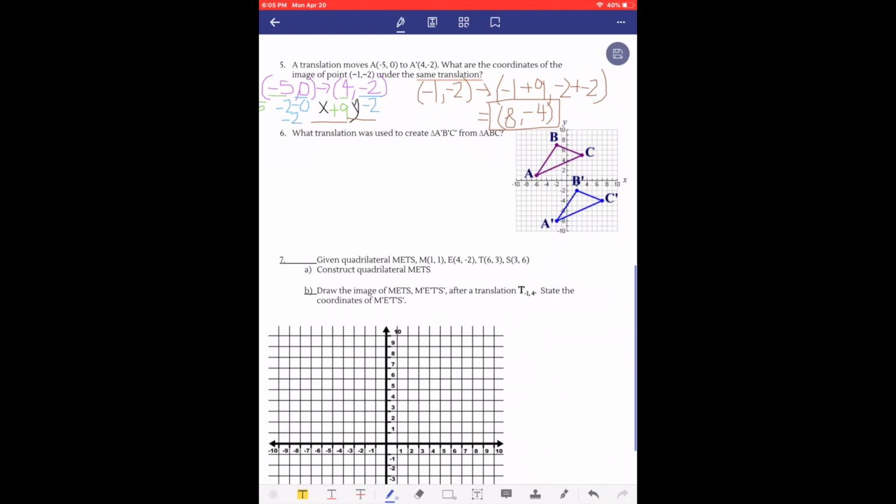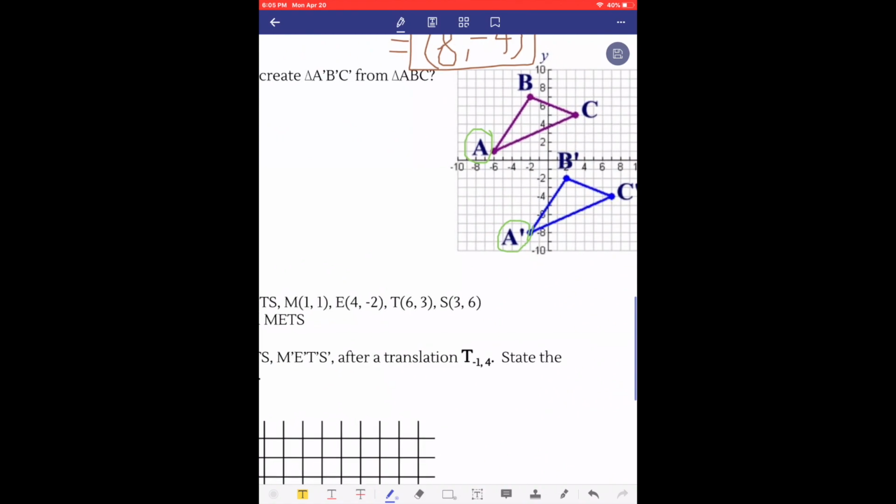So for this, you only need to really compare two of the same letters. So you can compare both A's, both B's, or both C's. In this case, I'm just going to compare both A's. So A and A prime. So you want to see how many did I move to go from my first point A to go to A prime.